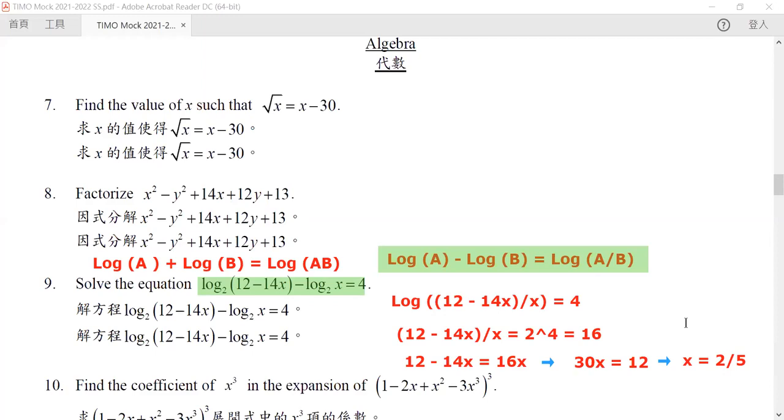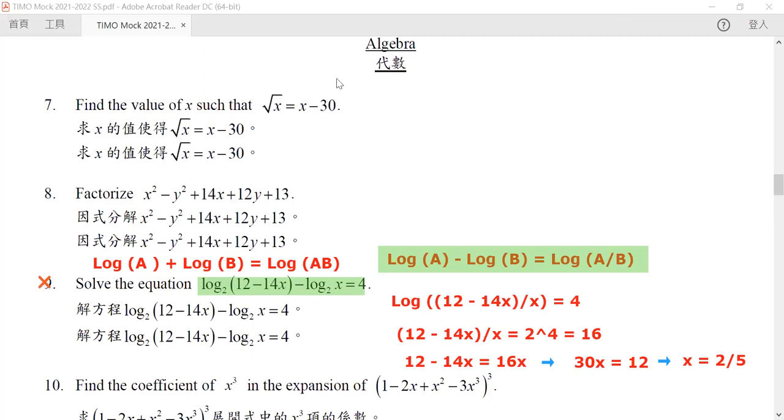Now, one thing that I would like to mention is that this question, just like the last one, is problematic. Again, this is not a good question. Why is this not a good question, you may ask?